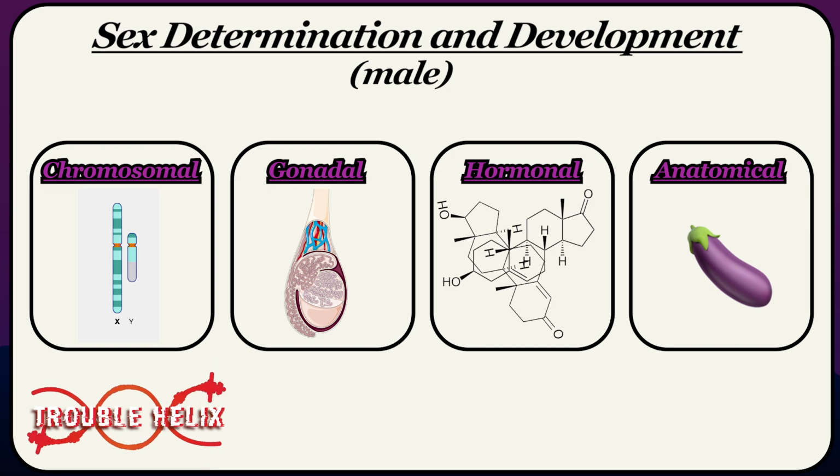The SRY gene on the Y chromosome specifies the gonadal sex by directing other proteins required for male development to help differentiate the bipotential gonad into testes. The cell types unique to the testes will make hormones that are needed for male development. If all goes well, the gonads, as well as all of the other structures of the reproductive system, will be anatomically correct. Boom! All sexes present and accounted for.